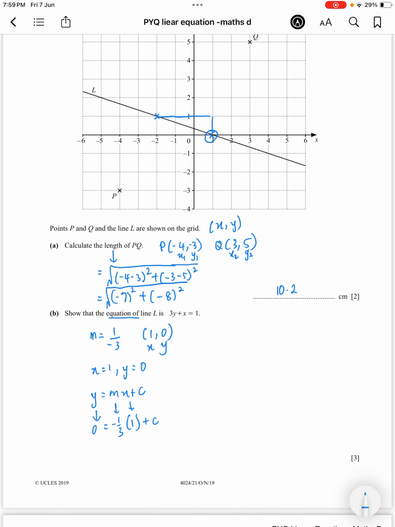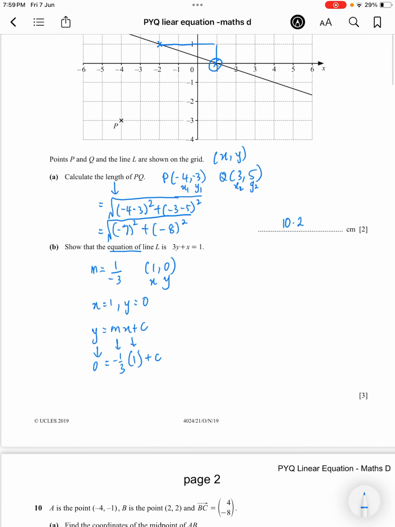So my y is equal to 0, my m is -1/3, my x is equal to 1, so that's c. Simplifying that, my c is equal to 1/3. Then put it back into the equation, so your m is -1/3 and c is 1/3. That means y equals -1/3 x plus 1/3.